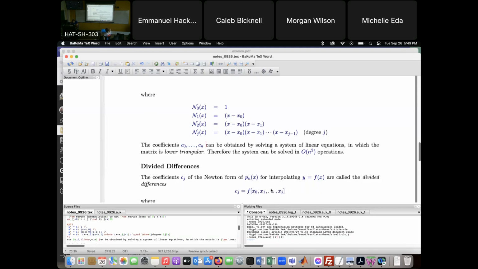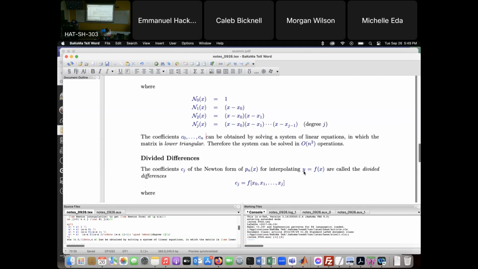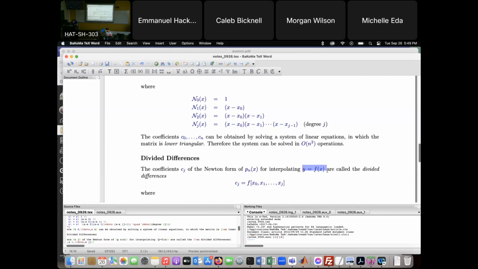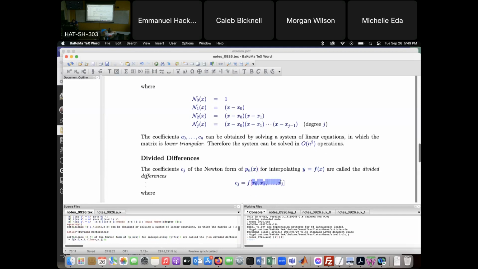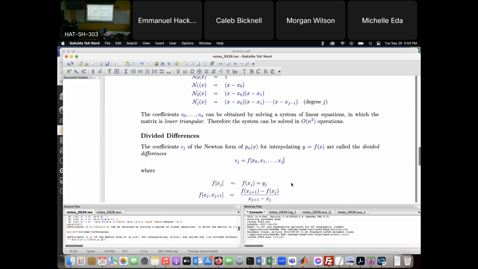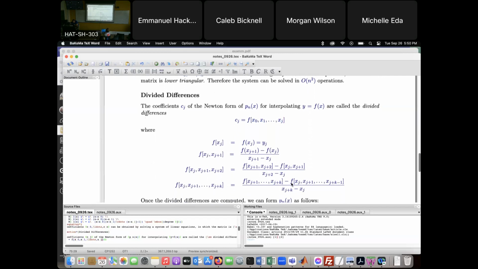The way they are described is, if I'm approximating a function y equals f of x by my interpolating polynomial Pn, the divided differences are denoted using the letter of your function, f, and then square brackets, and selected x values are listed inside the square brackets. I need to show you how these divided differences are defined. They're defined recursively.